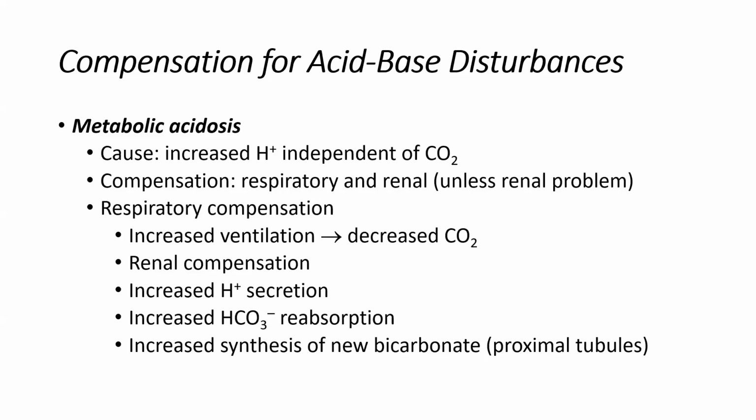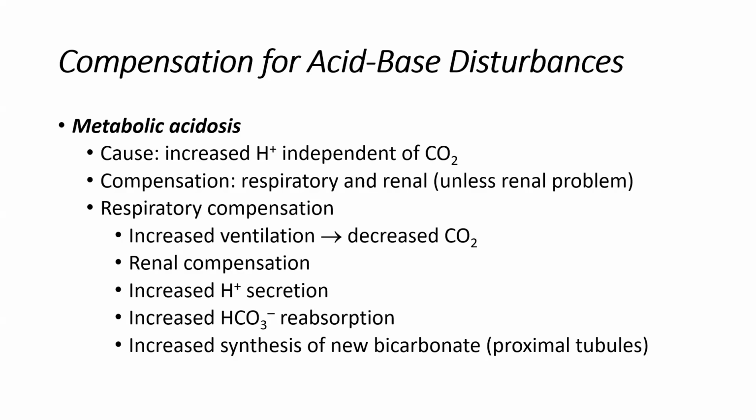Okay, so let's look at the metabolic disturbances. Again, the metabolic disturbances are created anywhere other than by the lungs. So anything that is independent of CO2 that is causing an increase in hydrogen ion concentration in the plasma is going to create a metabolic acidosis.